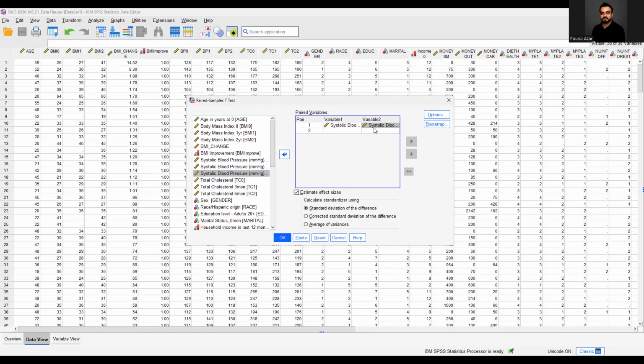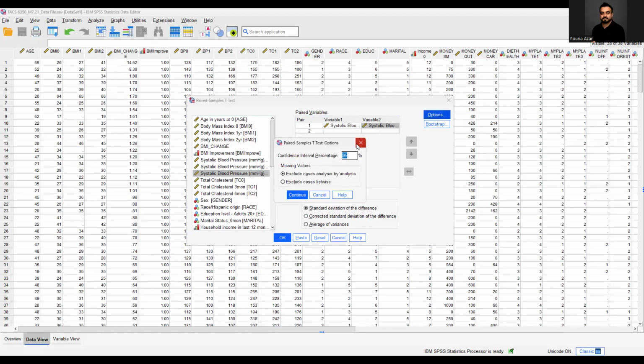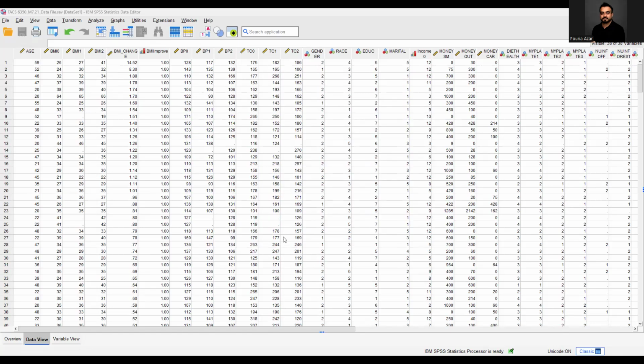And I'm going to move that to variable 2. I will check the estimate effect sizes and standard deviation of the difference. Options, I don't have to do anything here and then click OK. So imagine I did assumption testing and I chose paired sample t-test.